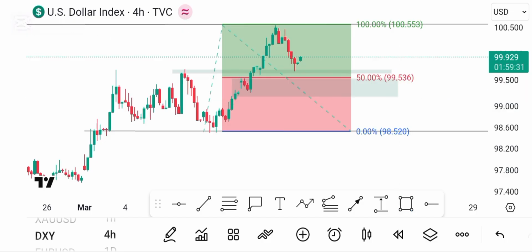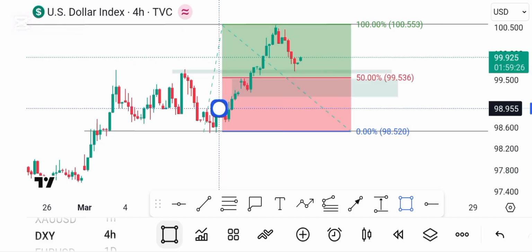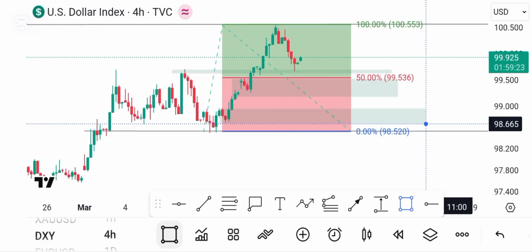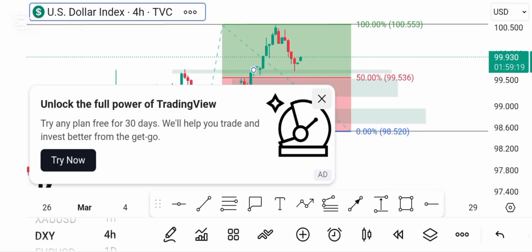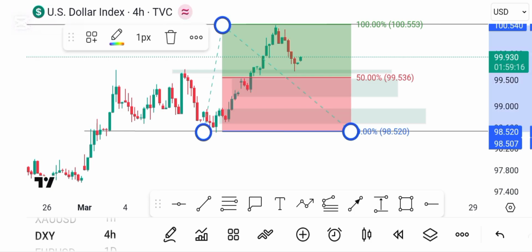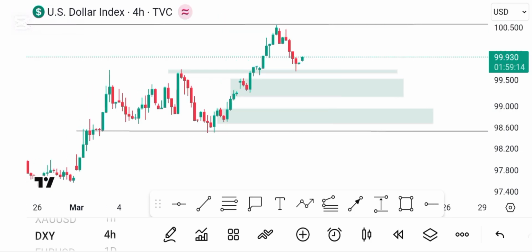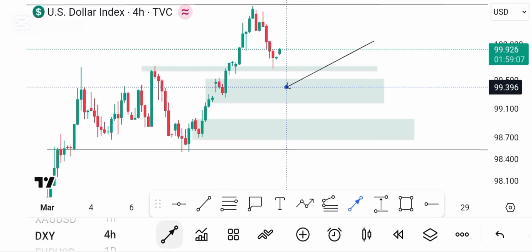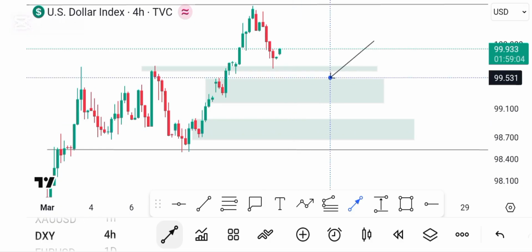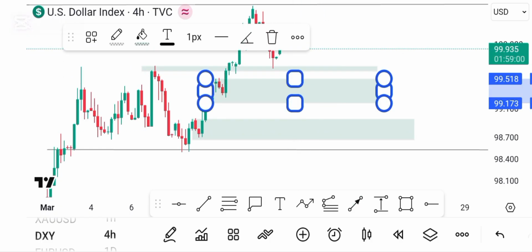Price might decide to dip down, possibly to this level here, to this zone here. We never can tell, before pushing all the way up. Any of these, we anticipate price reaction for a confirmation, either this level here, or this one, for entry confirmation.